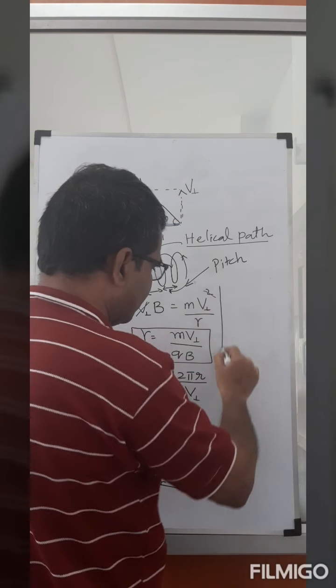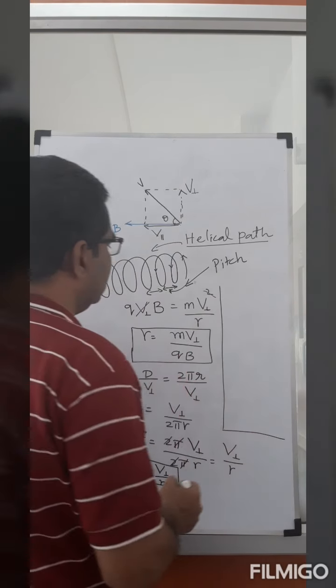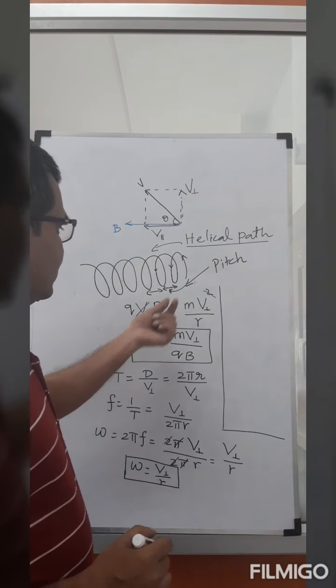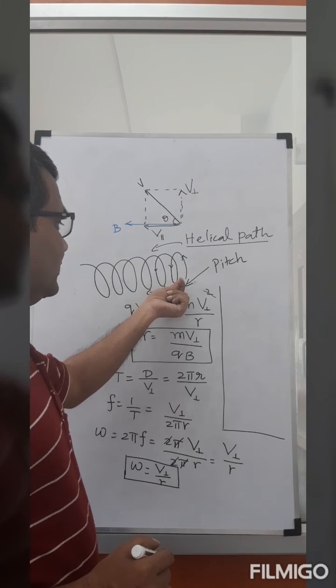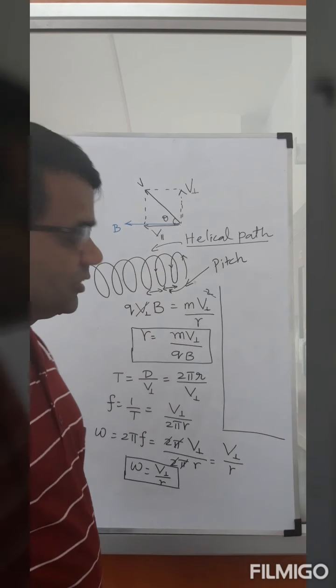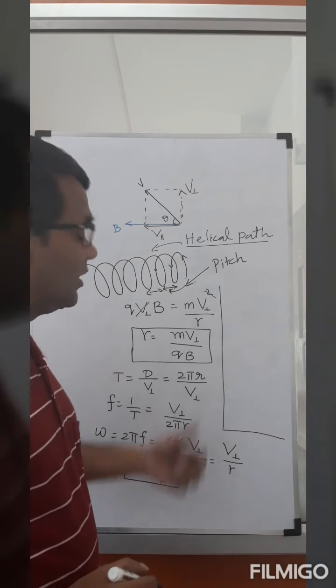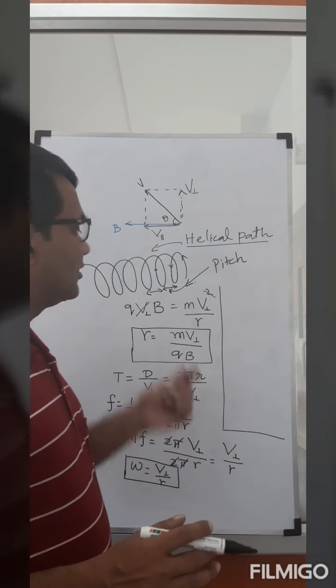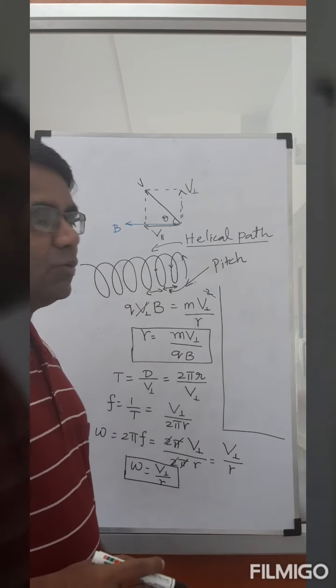If we need to calculate the pitch, I know T. T is the time it takes to go from here to here. Now I know the time, and the pitch is this distance. How do I calculate the distance?